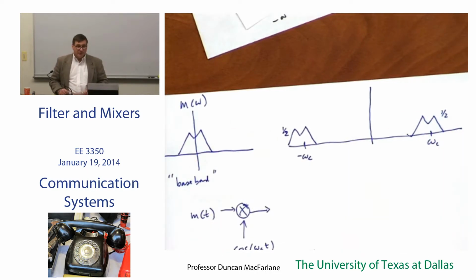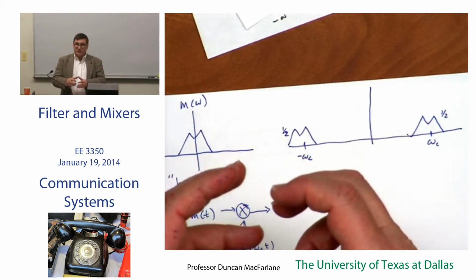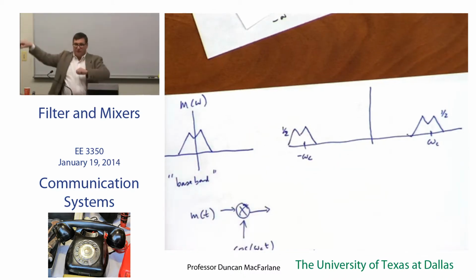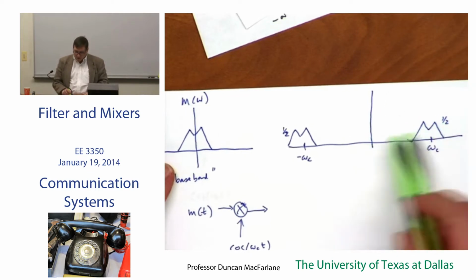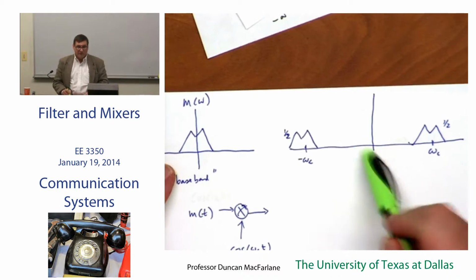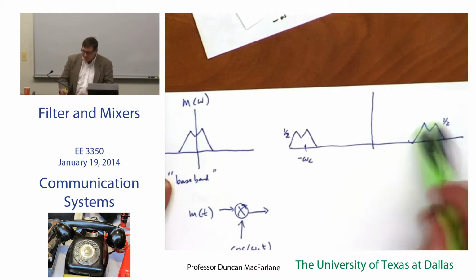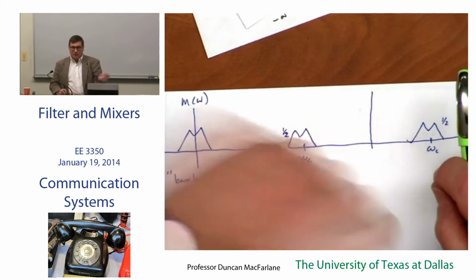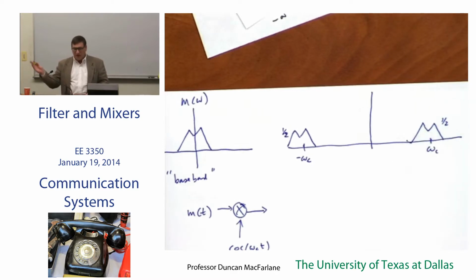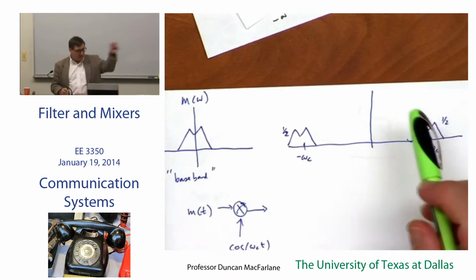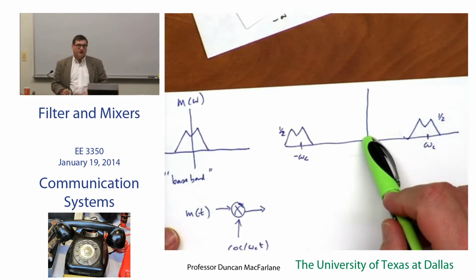So whenever I go through a mixer with a local oscillator like that, it takes whatever the input is, rips it in half, throws it to the right, throws it to the left. Well, I want my m of t to be back around here. So what happens if I come in here with this signal, I rip it in half, throw half to the right, half to the left. The half to the left goes away, it's way high frequency, but the half that I throw to the right goes plunk, right back at baseband.